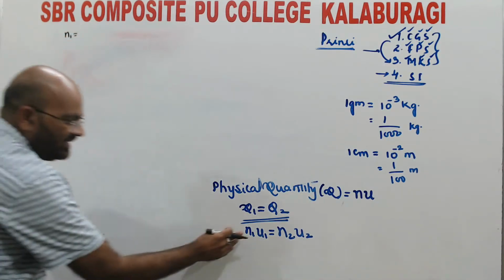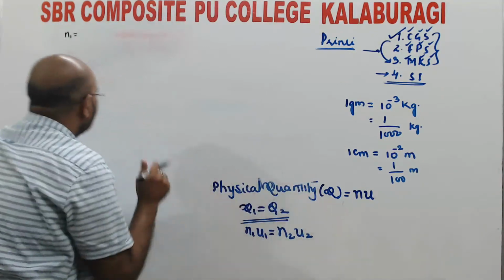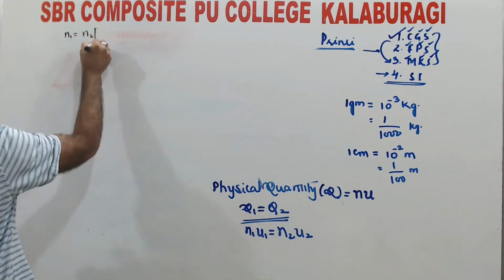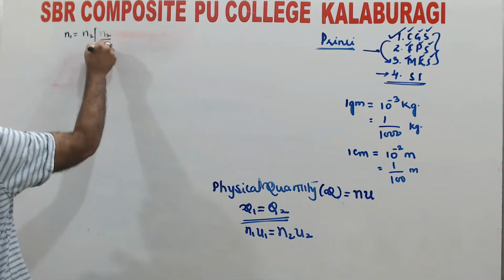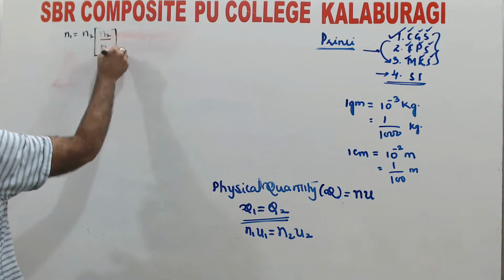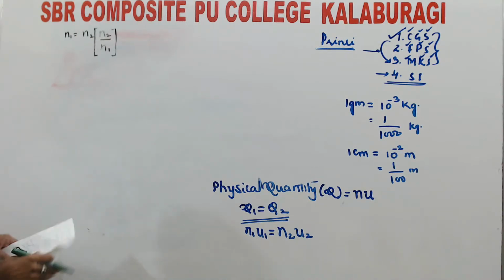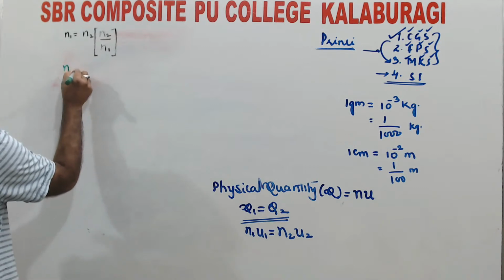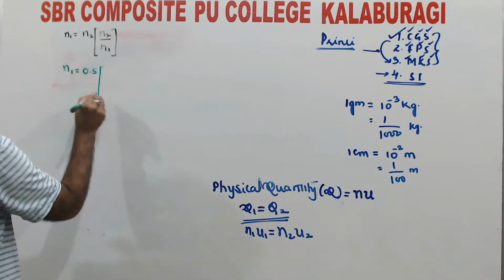N1 is equal to, keep N1 as it is here. U1 goes to the denominator of the RHS. N2 into big bracket, so we have N2 divided by N1. Therefore, N1 is equal to N2, which is how much? 0.5 into big bracket.